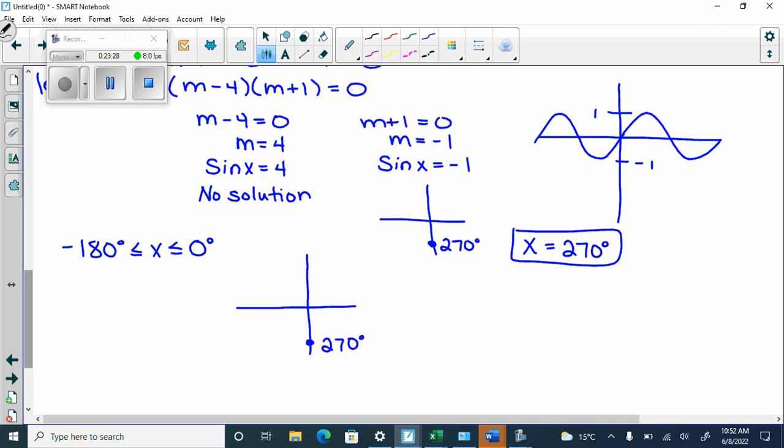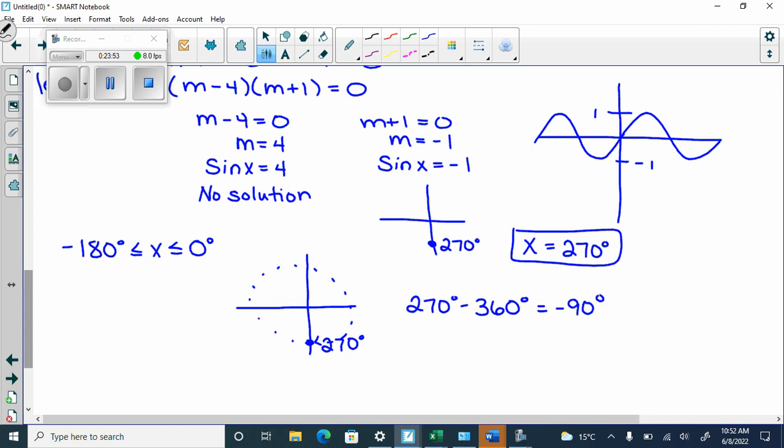Positive angles go counterclockwise. We did that, right? What would we have to do in order to circle and come right back? How many degrees is a circle? 360. So if I subtract 360 from this, I go 270 minus 360. I'm going to get -90, am I not?